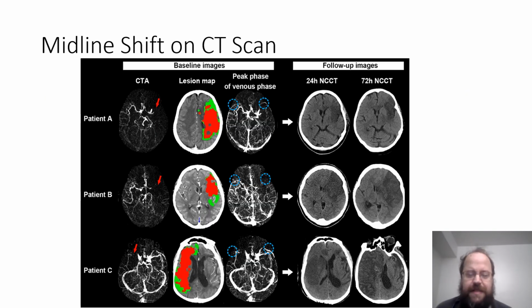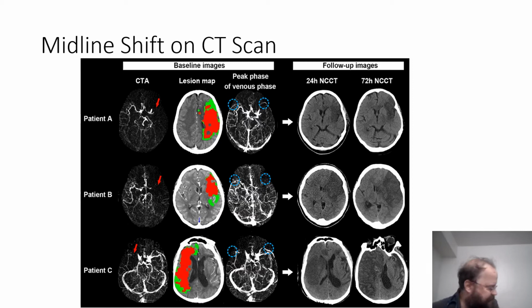All right, this is midline shift, which can be cerebral edema but usually it's a bleed that will cause a midline shift, and you can see that on the images on the right, where the ventricles have been displaced. They have been pushed aside after 24 hours and after 72 hours. They have been displaced to the side, and you can see how they're no longer in line neatly right down the middle.